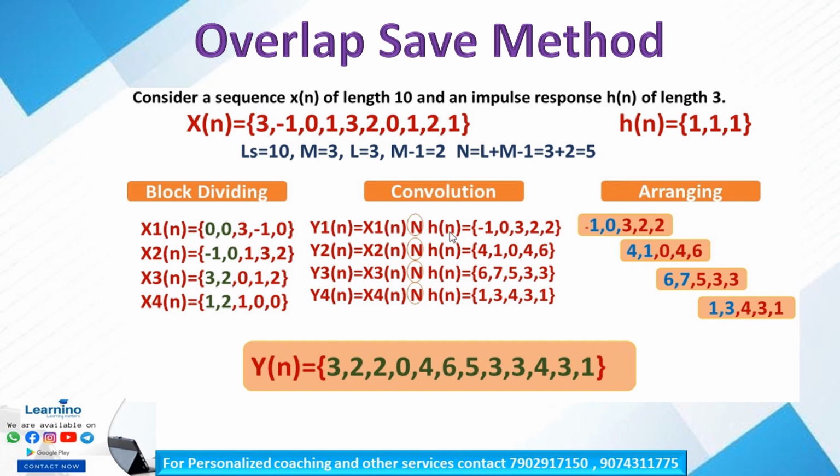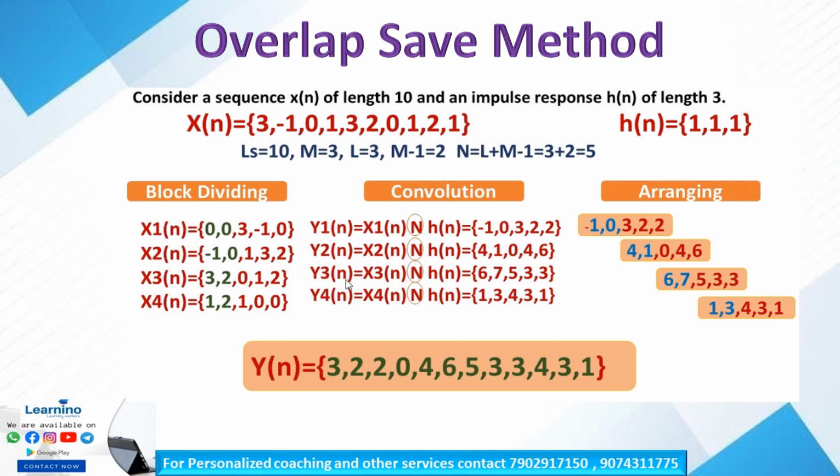The method of circular convolution I have already explained in previous lectures, so here I am presenting only the results. The first convolution result y1 of n will be minus 1, 0, 3, 2 and 2. Then y2 of n, the result of circular convolution between x2 of n and h of n, is 4, 1, 0, 4, 6.